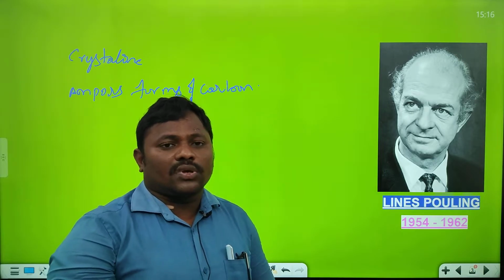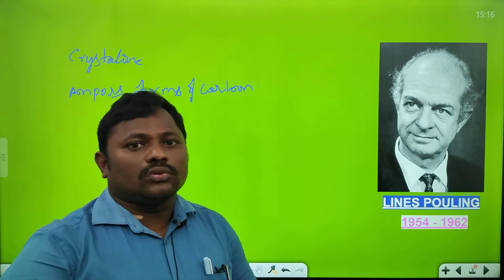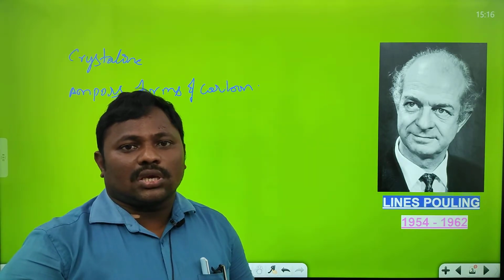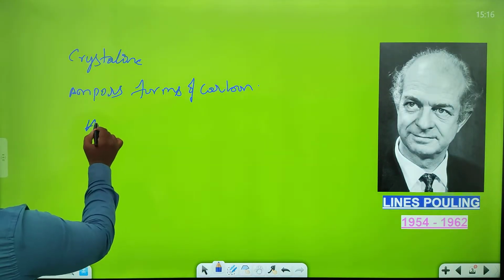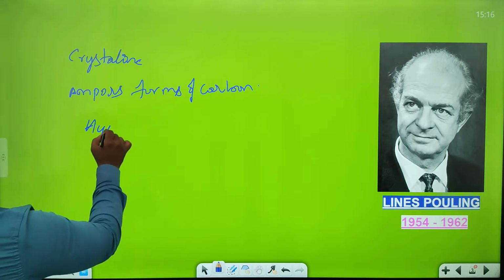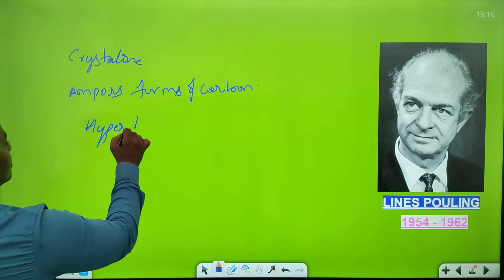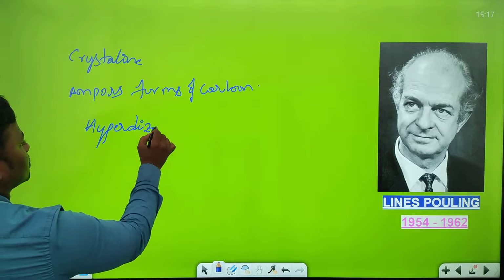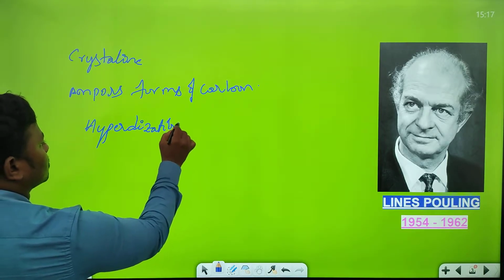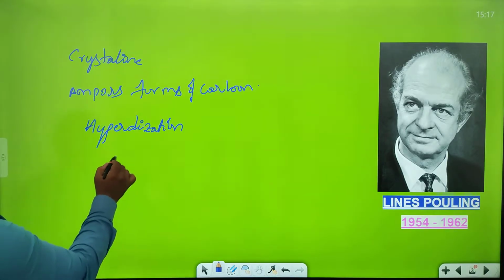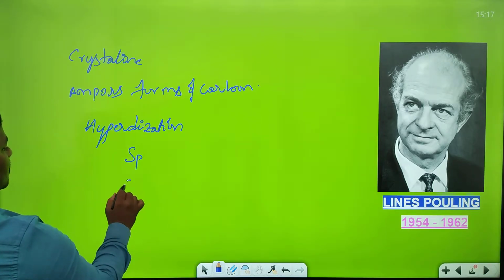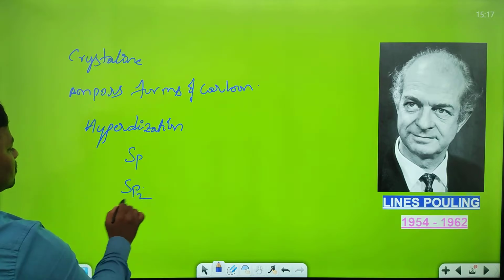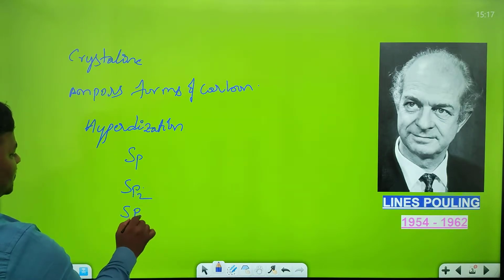The next one is how carbon gains this importance, because of the reason hybridization. Carbon is involved in three types of hybridization, that is sp, sp2 and sp3.